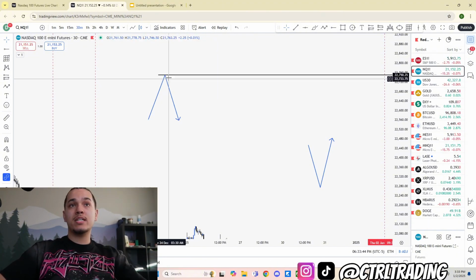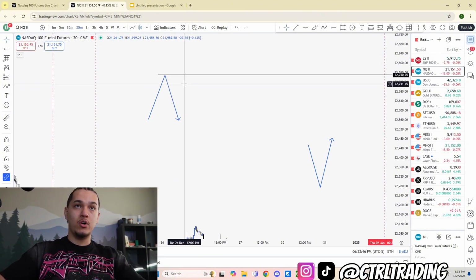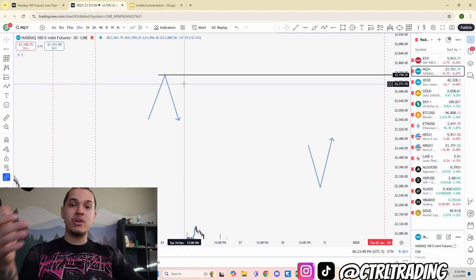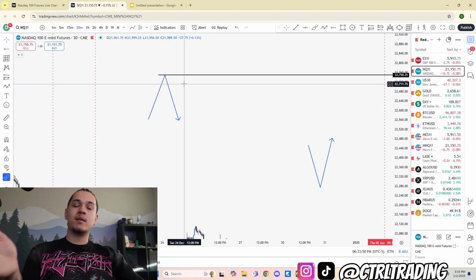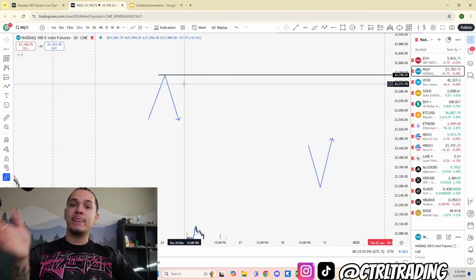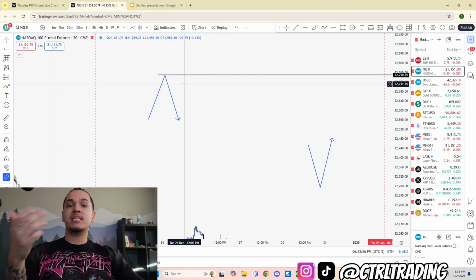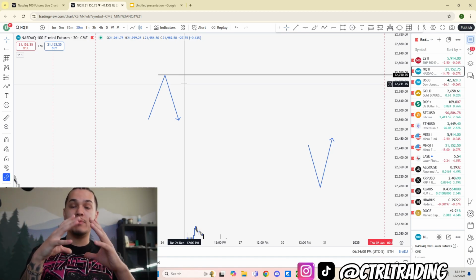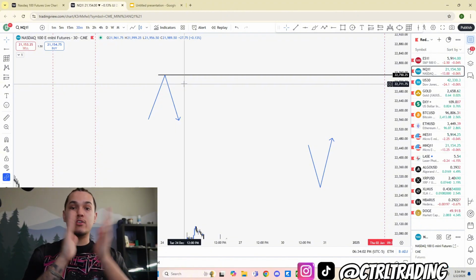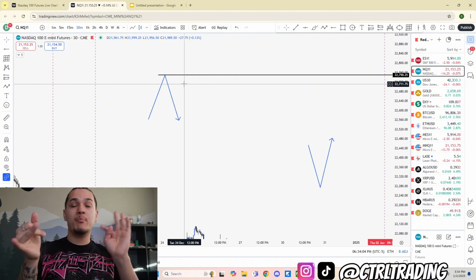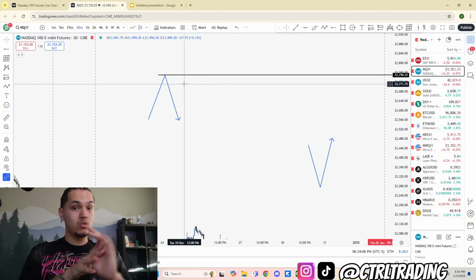This right here is going to be our liquidity. This is where orders are needing to be filled, whether it's putting people into a trade or taking people out of a trade. That's why sometimes when you see that your take profit gets hit, that's somebody's stop loss, vice versa. Your stop loss, a lot of times, is somebody's take profit. That's why liquidity is so important, because it's where orders are needing to be filled and to go in either direction. It's either taking people out of trades, putting people into trades, winning trades, losing trades, okay?